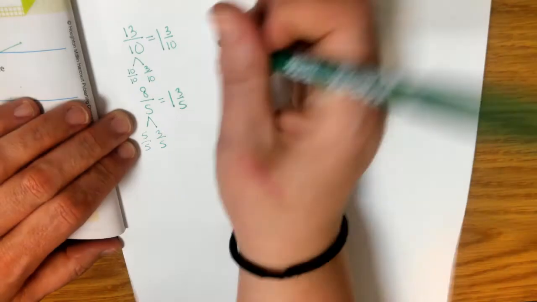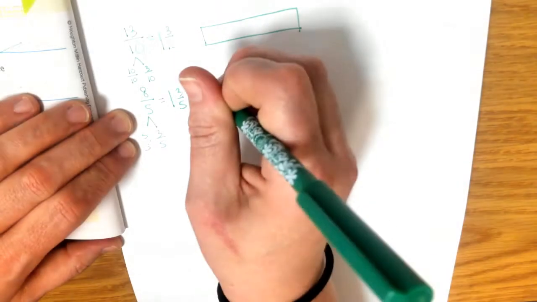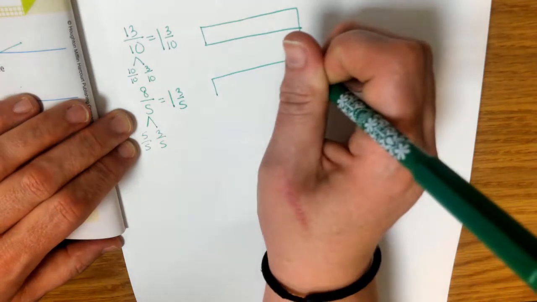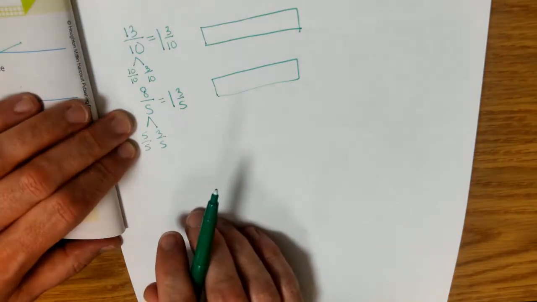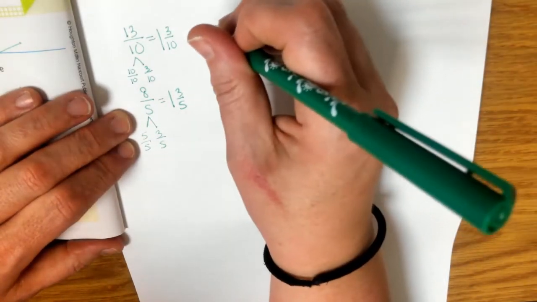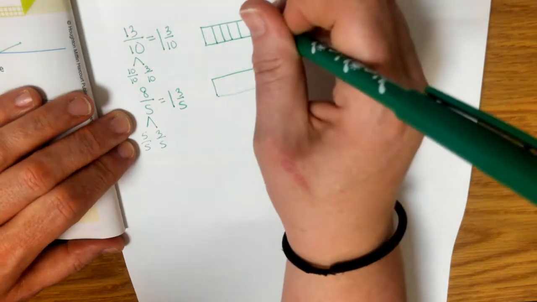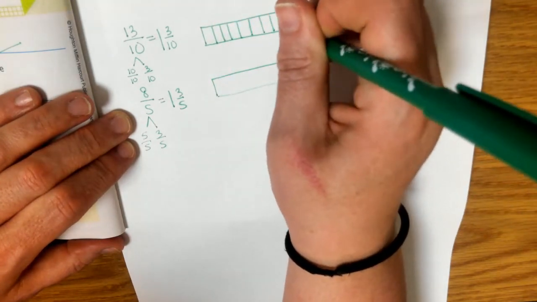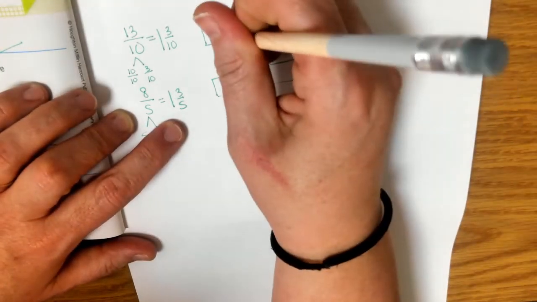Okay? So I'm going to compare. See how I'm going to have 1 whole, and then I'm going to compare just the fractional part. So 3/10 I'm going to break in half, and then I need 5 on either side. And then I'm going to shade in 3 of those.